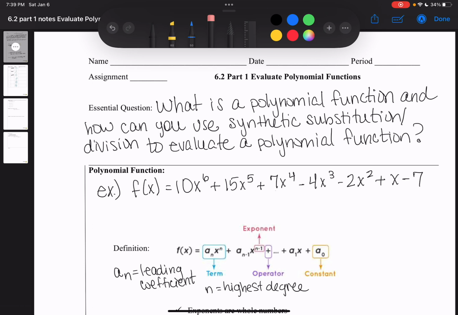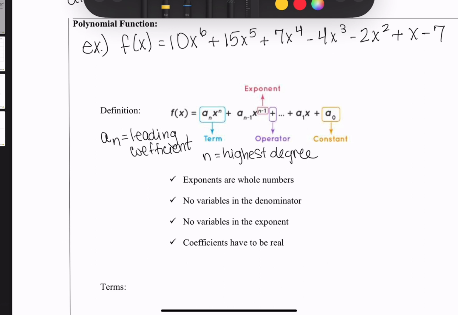Okay, and then going to our next term over, negative 4x cubed, well, that's our 3rd degree, and that is 3 less than 6. So the coefficient would be a sub n minus 3, and then x raised to the n minus 3, and so on. So it's a complicated definition, or at least it looks complicated, but it's really not if you just compare what's happening and try to really understand what's going on.